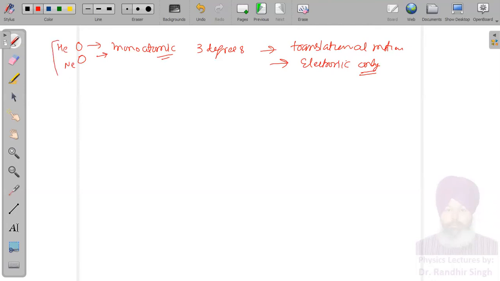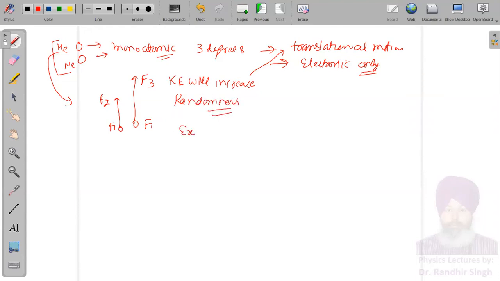Right now I am talking only about helium because I have not discussed what will happen to neon. When helium goes from state F1 to F2 or F1 to F3, its kinetic energy will increase, and that kinetic energy will introduce translational motion. This will introduce randomness.